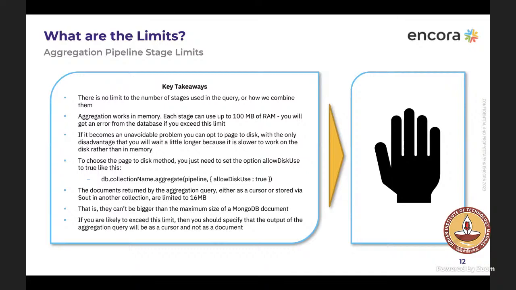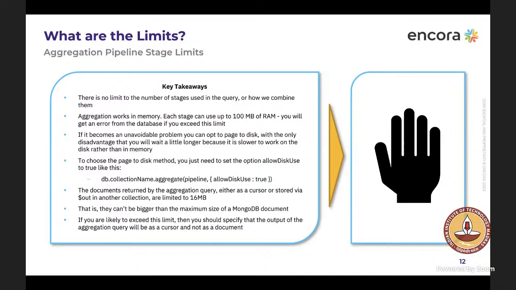To choose the page to disk method, you just need to set the option allowDiskUse to true, like this. As I mentioned in the syntax part, we can pass options, so in that option we can use allowDiskUse true, and it will use your disk instead of only the memory.